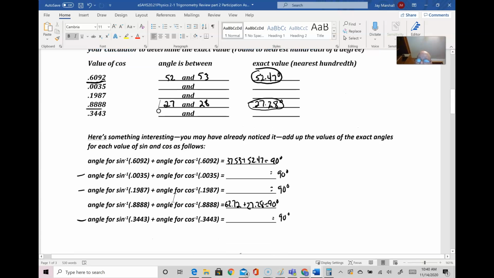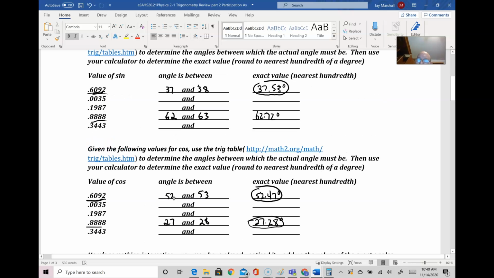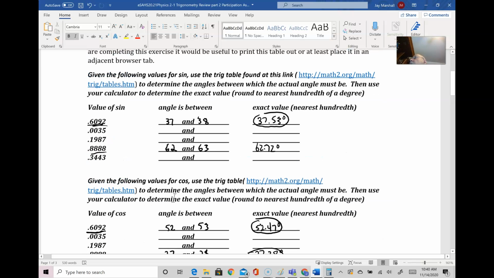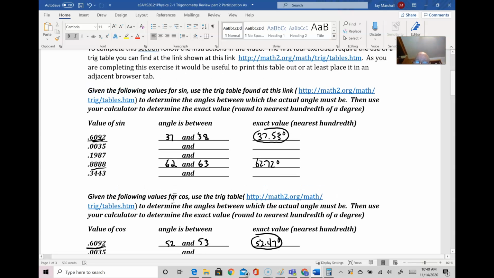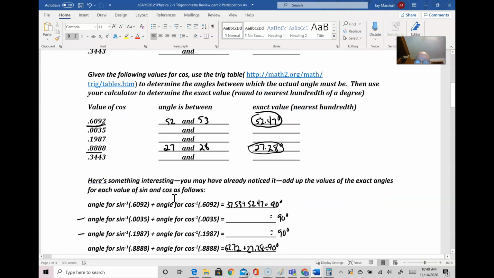Okay? And that's because these are reciprocal functions. And what that means is that if you multiply the functions together, they'll multiply out to 1. Okay? So these are reciprocal functions. And I want you to show me that you got that.